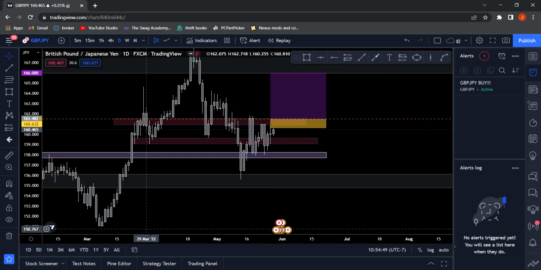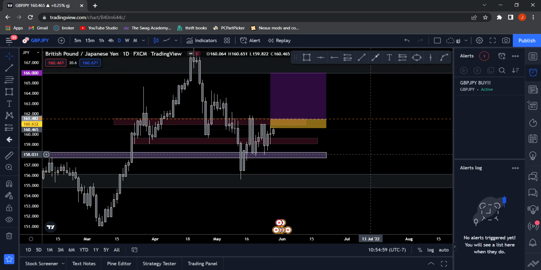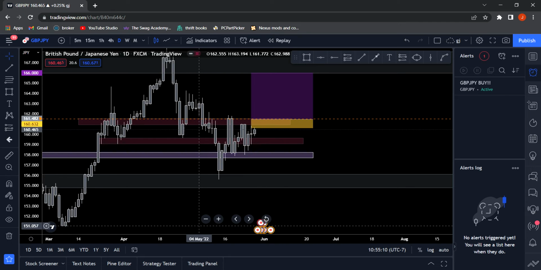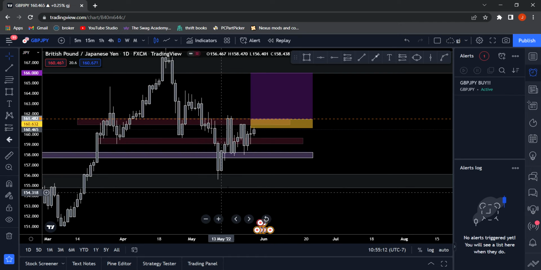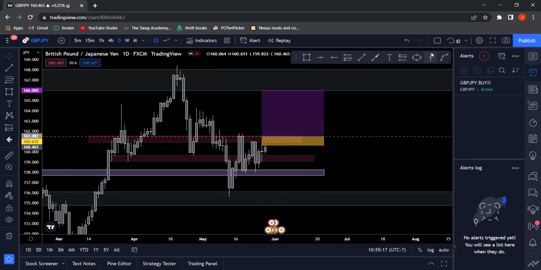Mostly for market structure purposes, I only look at the daily time frame for my highs and lows and my double tops and double bottom patterns for long term entries, not intraday. If I have to get into an intraday trade, that's different, but I'm just looking at the daily for my swing trading entries.